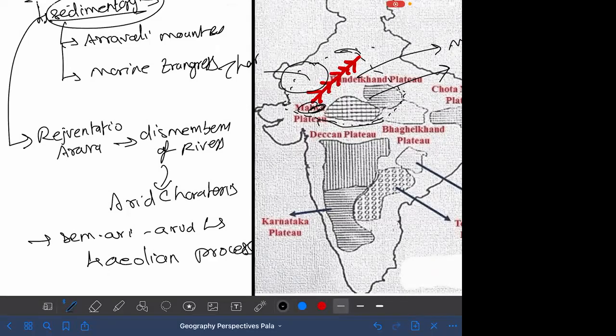What Davis called normal erosion is river or water based erosion. But these are semi-arid regions, so it is dominated by Aeolian processes. Wind induced exogenetic processes are more common here. So that is one particular aspect about what you call the Thar basin.